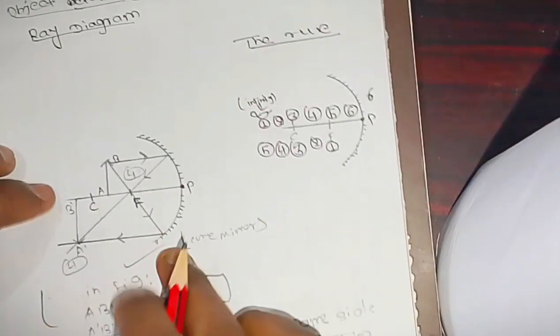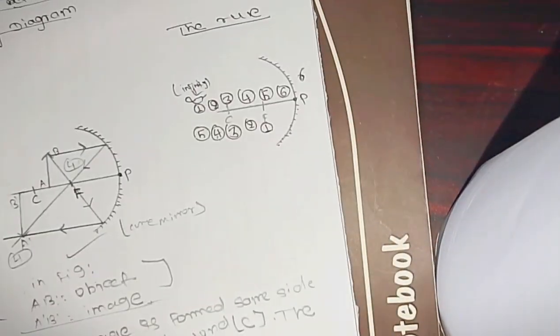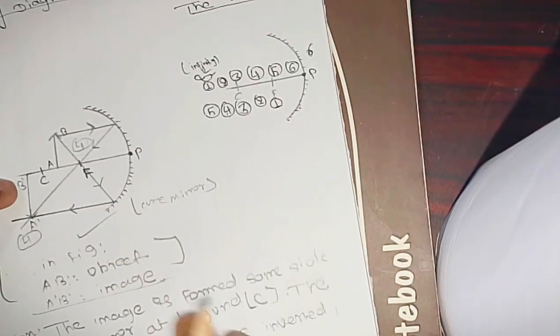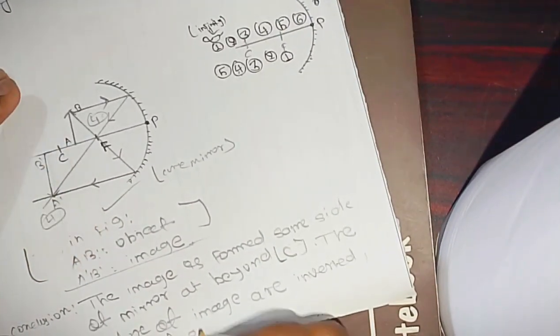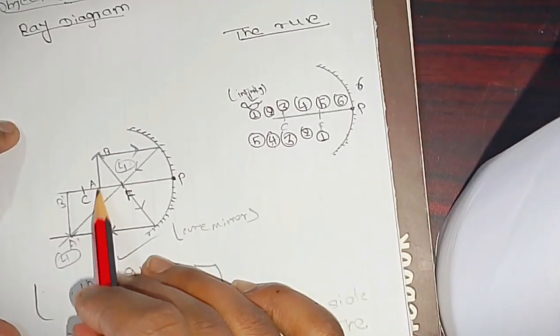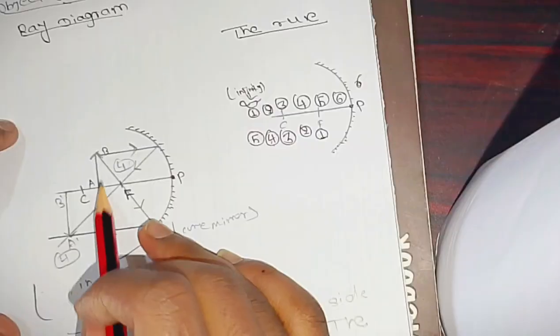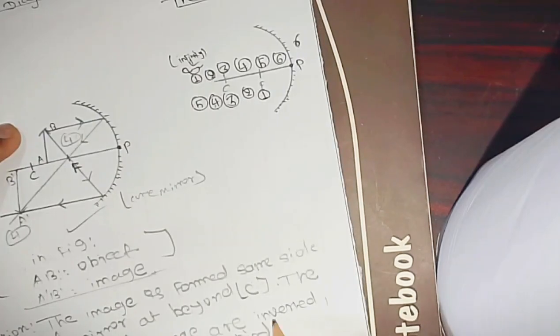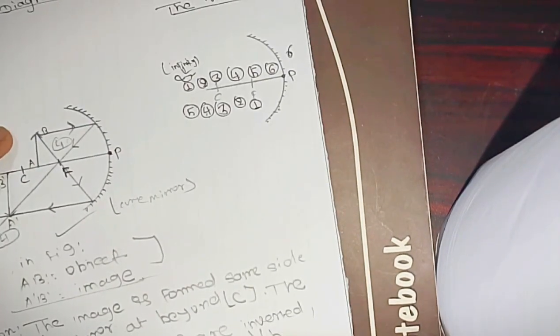We can see it is inverted. As we know, an inverted image is always real, and we can see the image is bigger than the object and magnified. Here we can write.